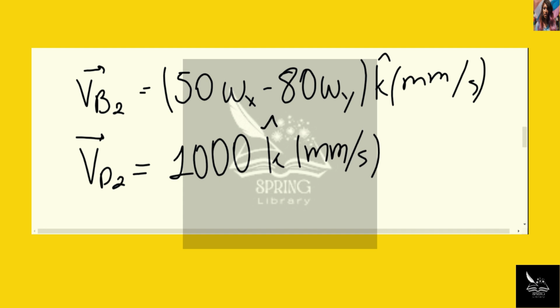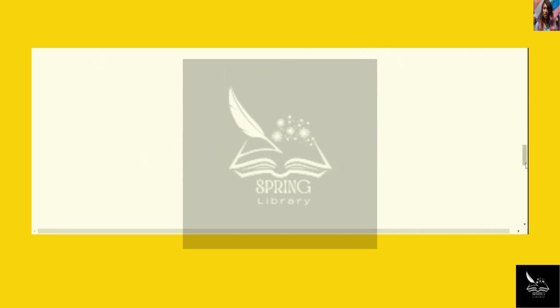So we have two equations and two unknowns. The two unknowns are omega x and omega y, the x component and y component of the common angular velocity.